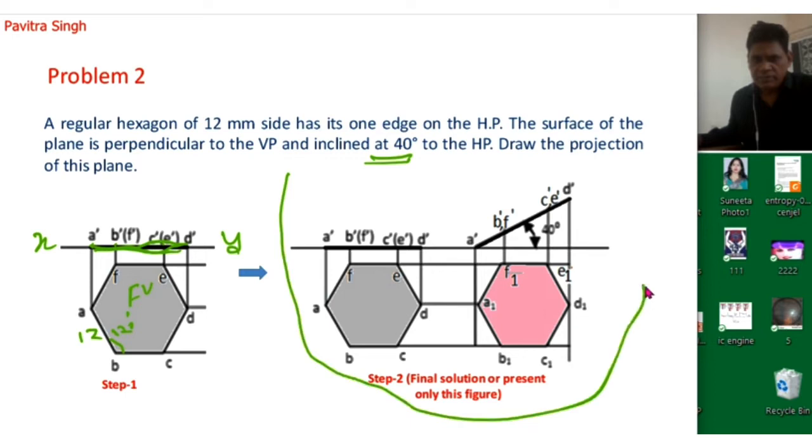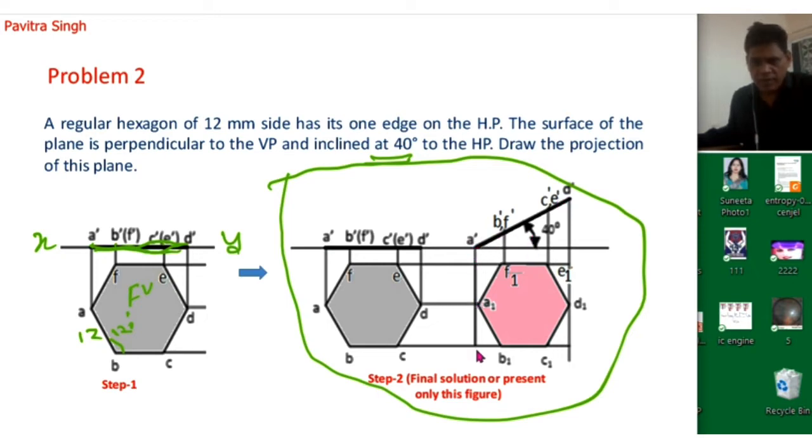So the final answer is this one. Okay, so in this figure we have inclined this front view A dash to D dash at an angle of 40 degrees. All the sides are the same, A dash B dash, B dash C dash, and so on. Okay, so the same line is here, only it is inclined at 40 degrees.